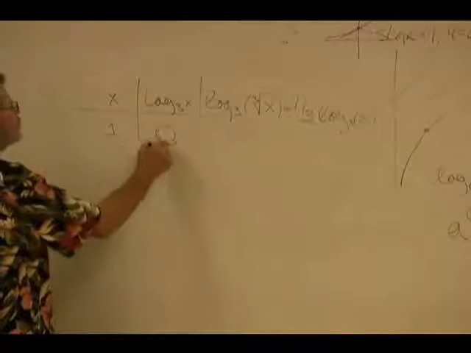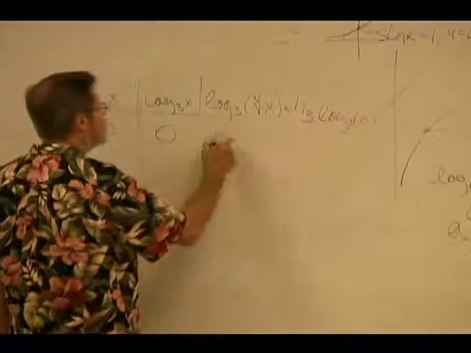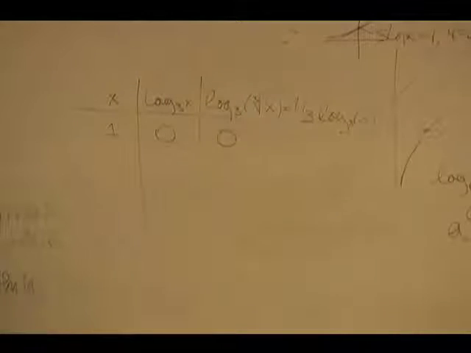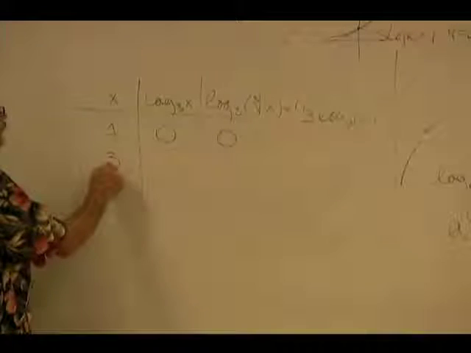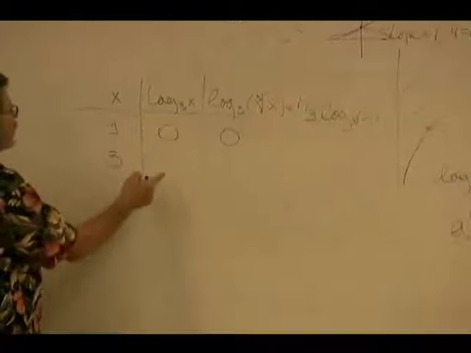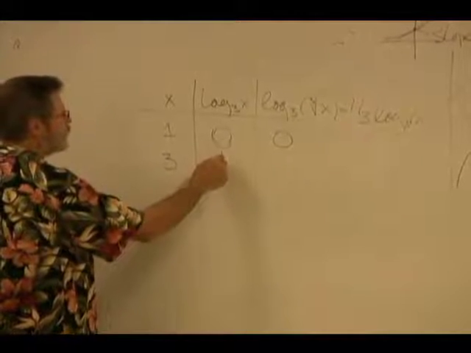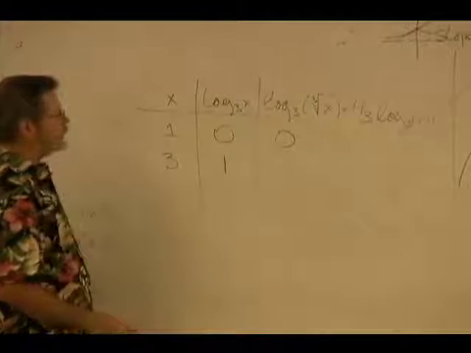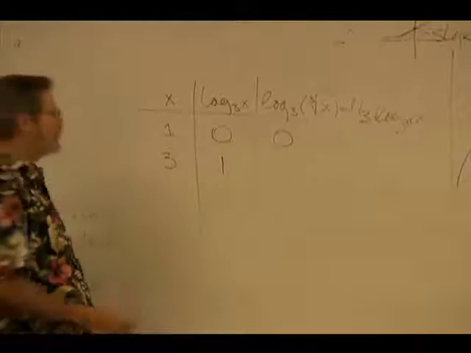This is 0, so 1/3 times 0 is also 0. At x equals 3, log to the base 3 of x is 1, because it represents the power that you raise 3 to in order to get 3.